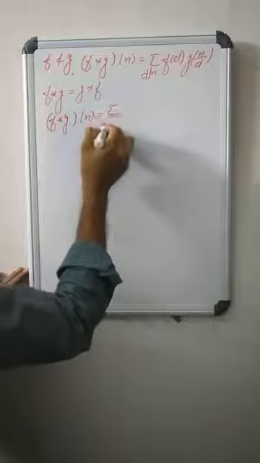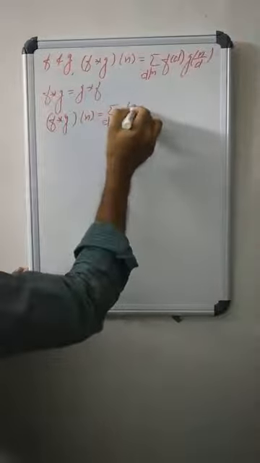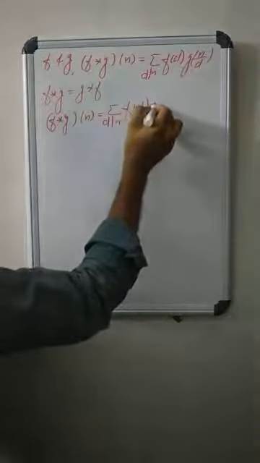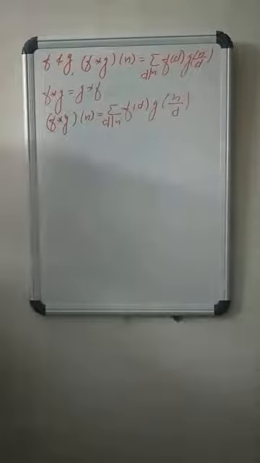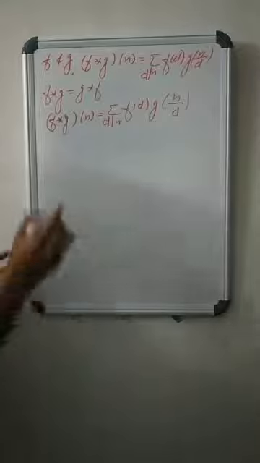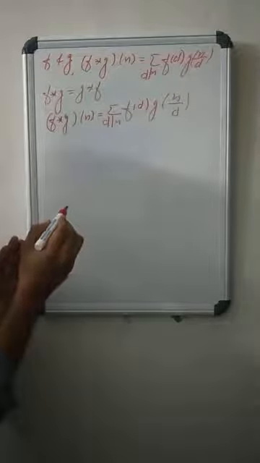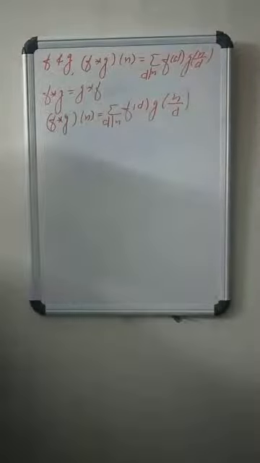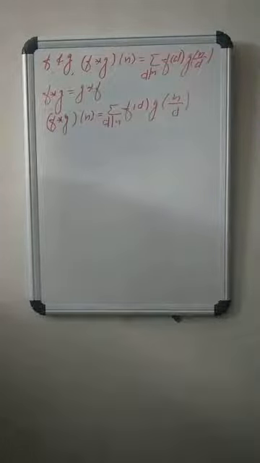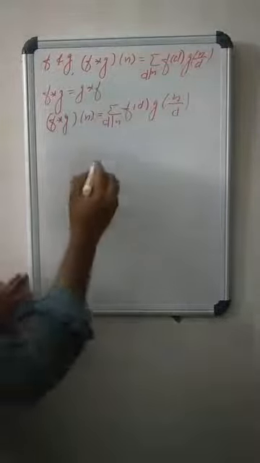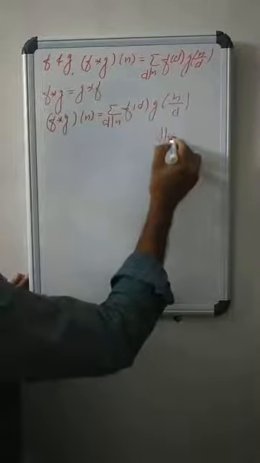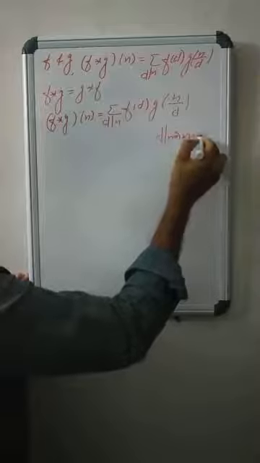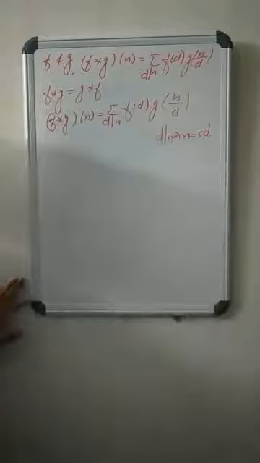By definition, it is the sum over d dividing n of f(d) times g(n/d). Now, d dividing n means n equals c times d for some c.